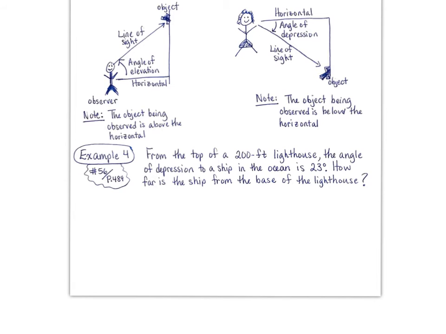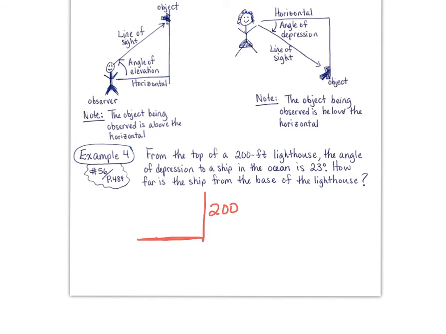How can we go about finding this? Set up a triangle. What is it going to look like? Your vertical axis is going to be 200 feet. And your horizontal is going to be your unknown. Horizontal is above or below? Below.